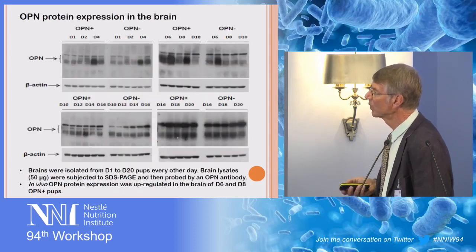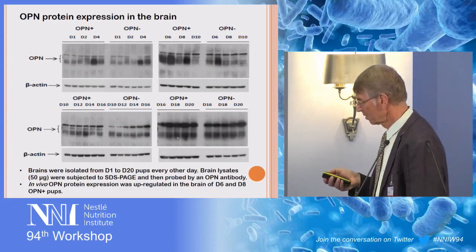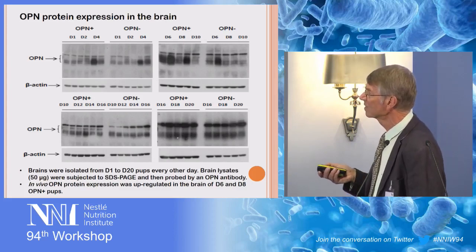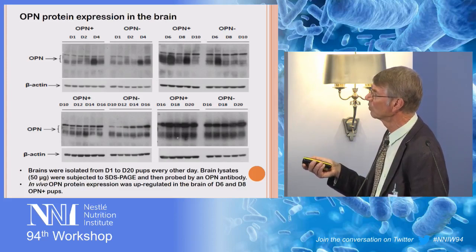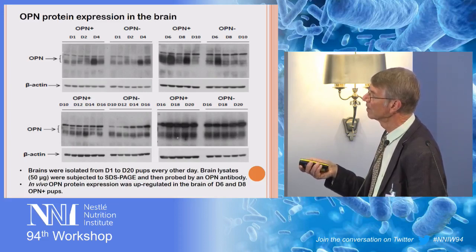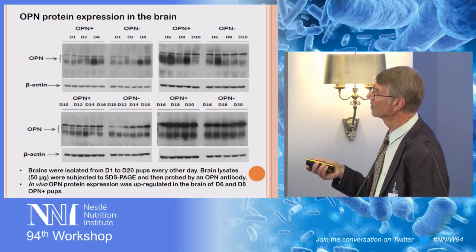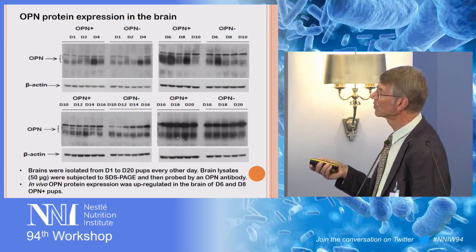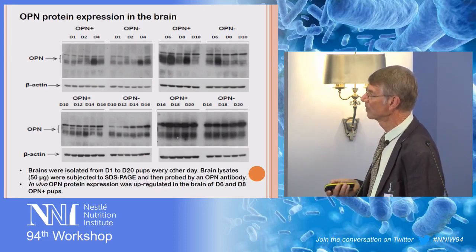But when we did Western blotting of osteopontin in the brain, here you can see that we had highly significant differences. It's a little bit of a busy slide, but you have days 1, 2, 4 here, 6, 8, 10 here, and then you have those that got osteopontin in the milk and those that didn't, matched here. And you can see that there's a dramatic difference, particularly between days 6, 8, and perhaps also 10, between those that have been fed milk osteopontin and not.